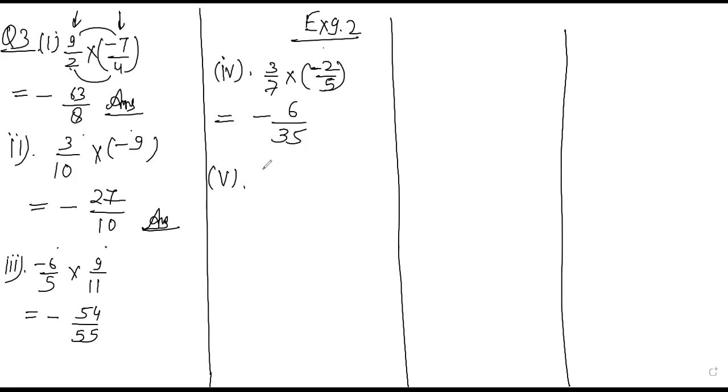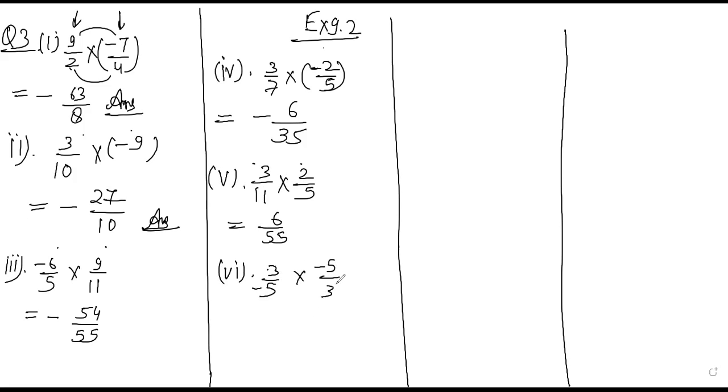Fifth part: 3 upon 11 into 2 upon 5. It's very easy. 3 twos are 6, 11 fives are 55. Because both have a plus sign, the answer will be in plus. And the sixth part: 3 upon minus 5 and minus 5 upon 3.